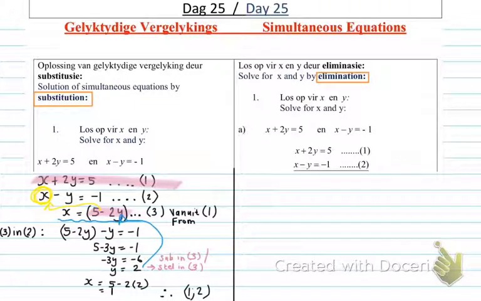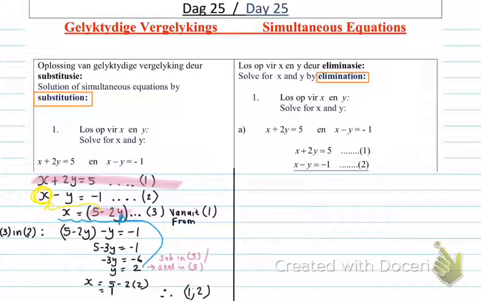Now I'm going to do the same question with elimination. Eliminate means to get rid of something, to make something disappear. So what I want to do in this method is make something disappear. To make it easier, I'm going to make either x or y disappear, so that I only have one variable.